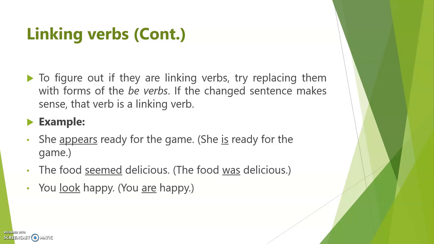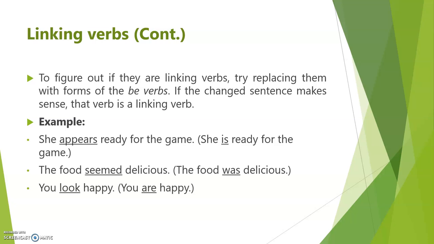Look at the next example. The food seemed delicious. The food was delicious. In this, seemed is replaced by was, and even after replacing the verb, the sentence's meaning remains the same.